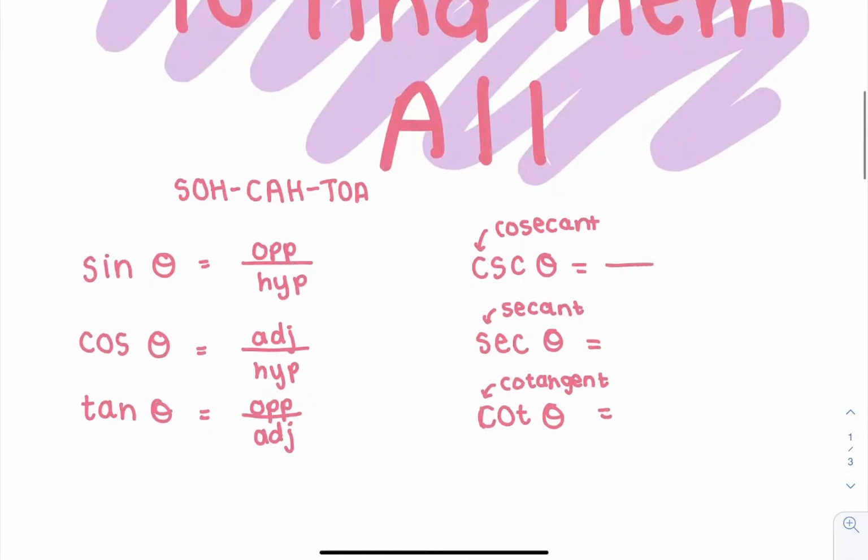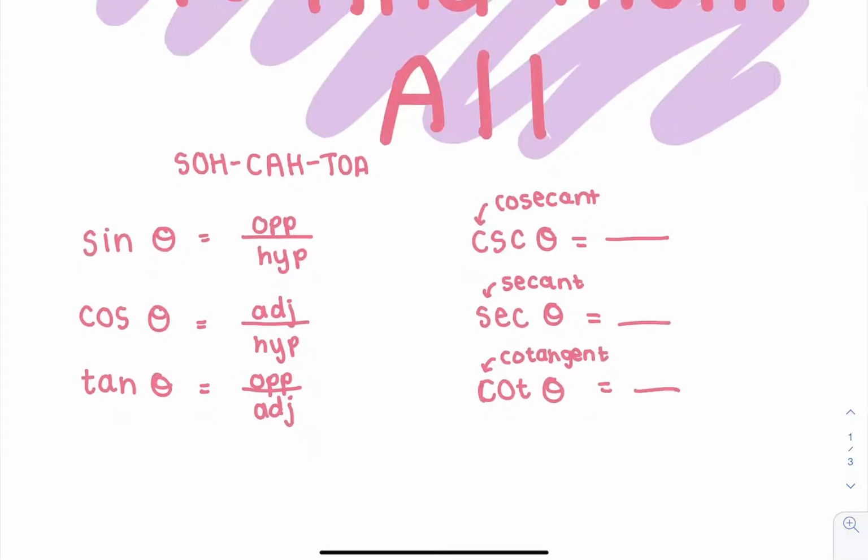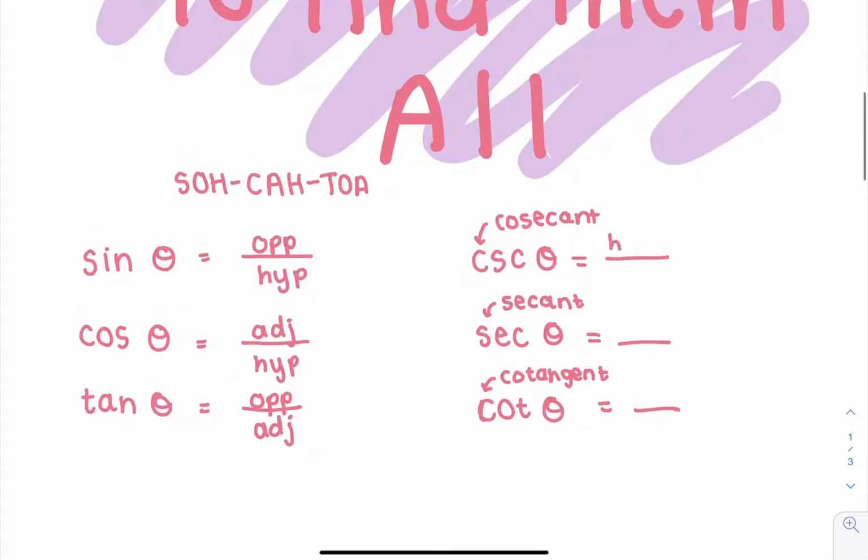Cosecant of theta is hypotenuse over opposite. You might realize that that is just sine flipped upside down, so this is actually just 1 over sine of theta. Secant of theta is hypotenuse over adjacent, or 1 over cosine of theta.